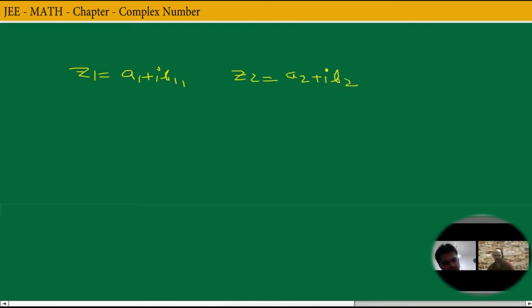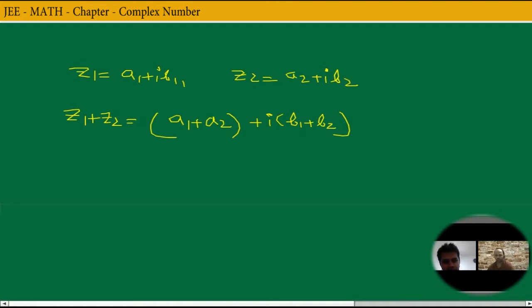They are saying Z1 plus Z2 is real. If we add, won't we get this? If Z1 plus Z2 is real, what does it mean? The end answer should be real.